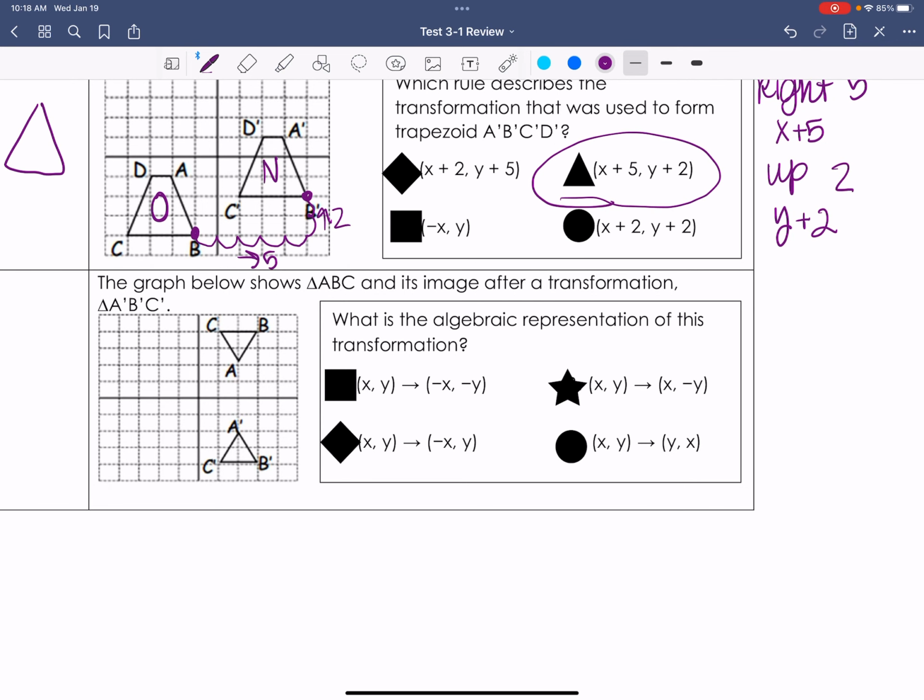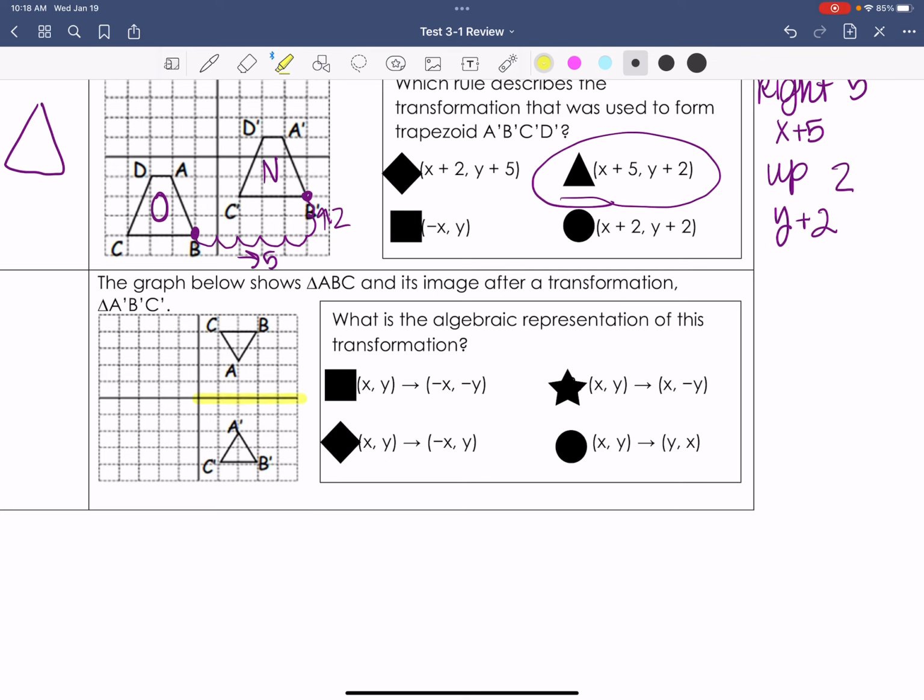Okay, looking at my next problem, it says the graph below shows triangle ABC and its image after a transformation to form triangle A'B'C'. What is the algebraic representation of this transformation? So to me, this does look like a reflection, and it looks like a reflection over the x-axis.